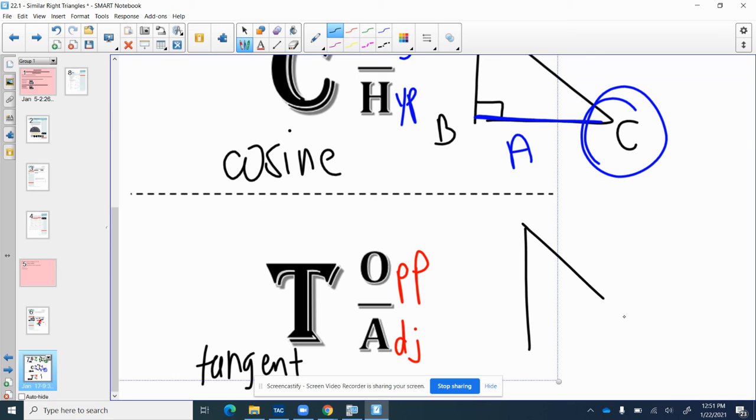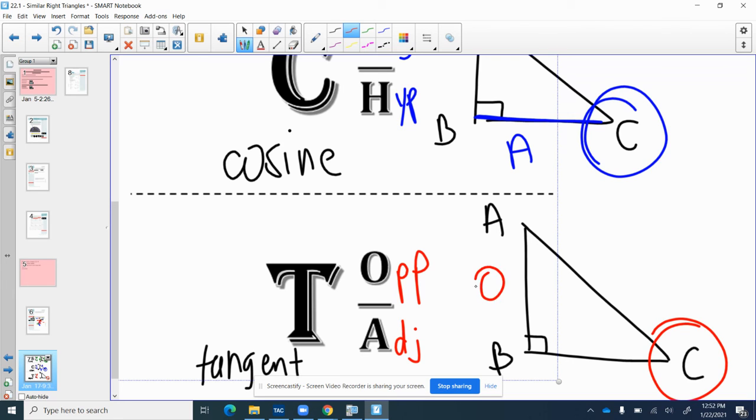So in this last one, we would have A, B, and C as well. Okay, and again, if we're looking then at angle C again, we would concern ourselves with the opposite side of angle C and the adjacent side to angle C. Okay.